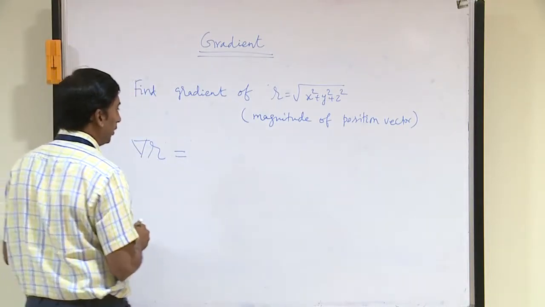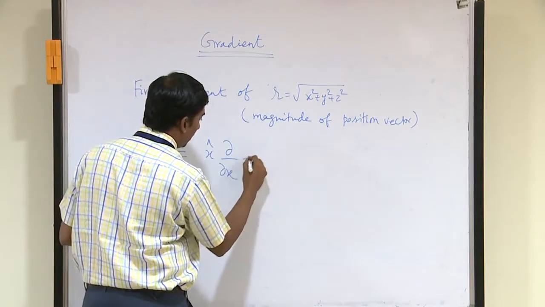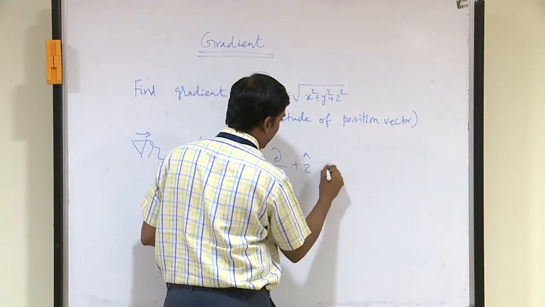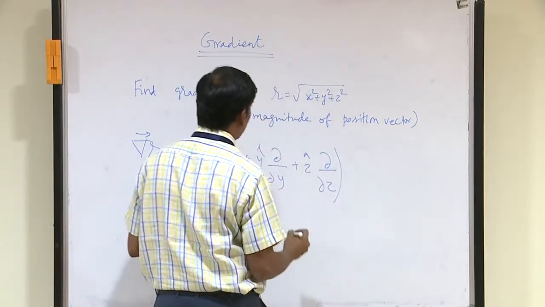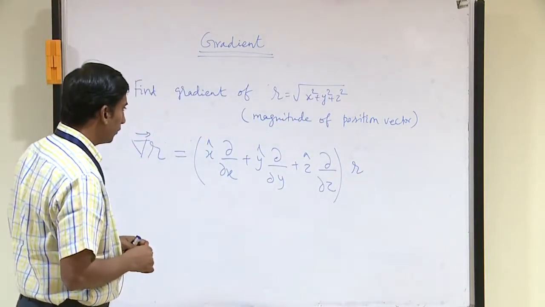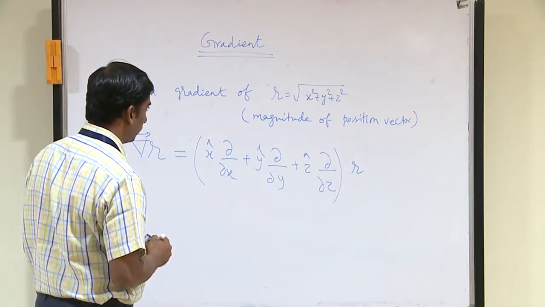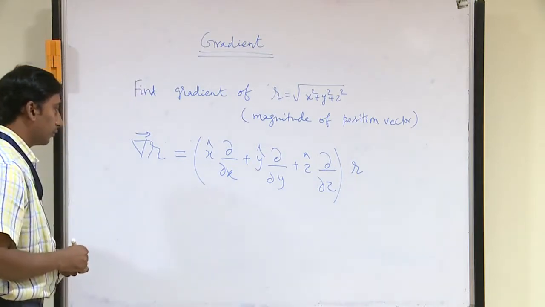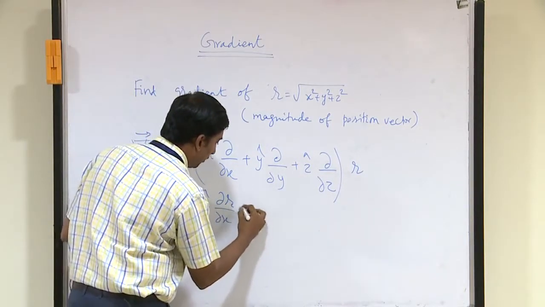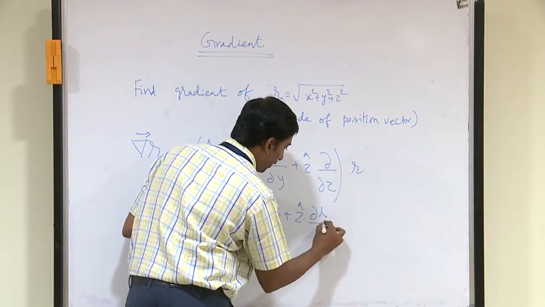So del R is equal to x cap dou by dou x plus y cap dou by dou y plus z cap dou by dou z of R. So what is this equal to? x cap dou R by dou x plus y cap dou R by dou y plus z cap dou R by dou z.